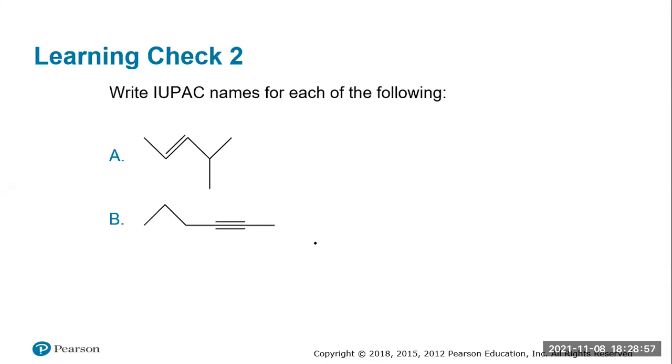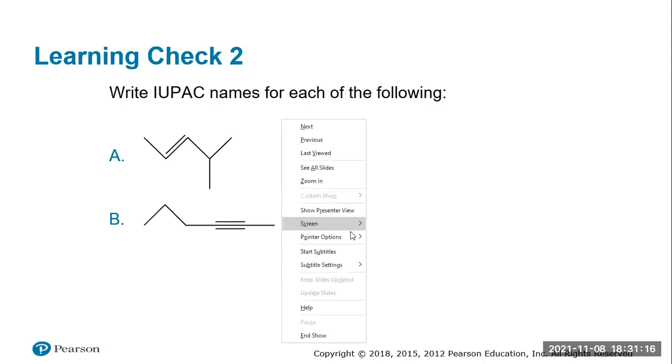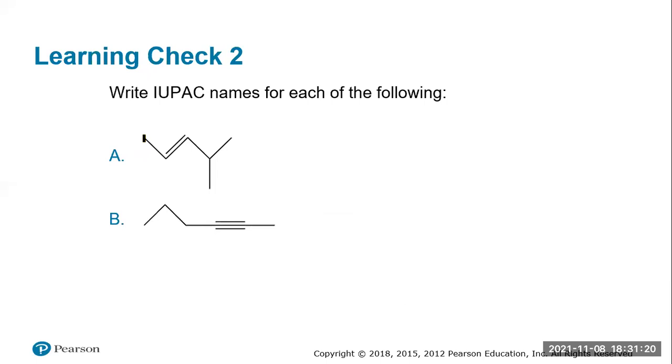So give the names. Okay, let's take a look here. Let's go straight across. So that is 1, 2, 3, 4, 5.